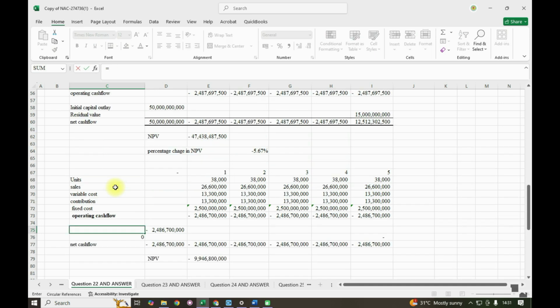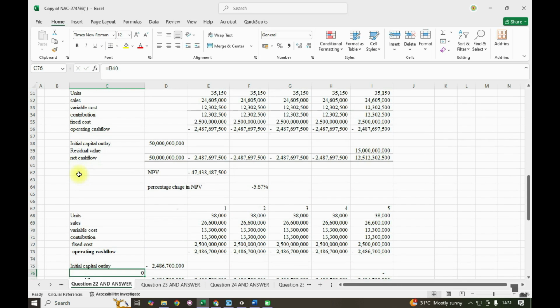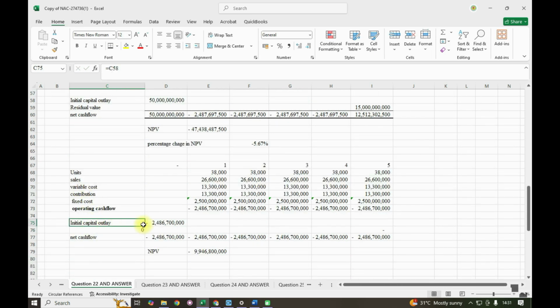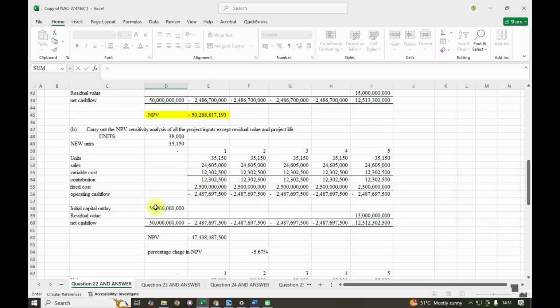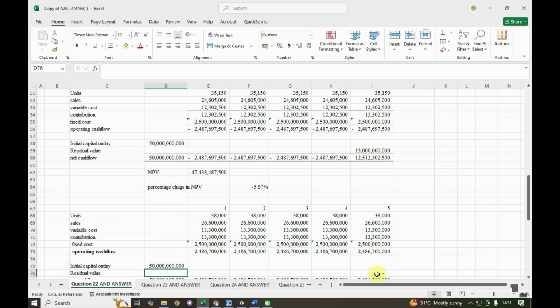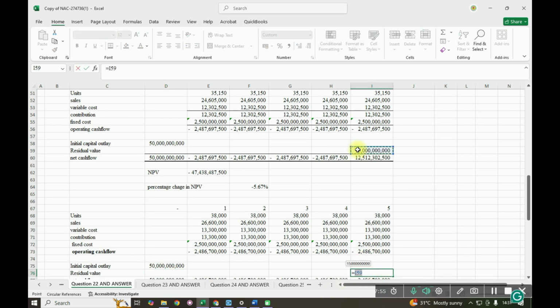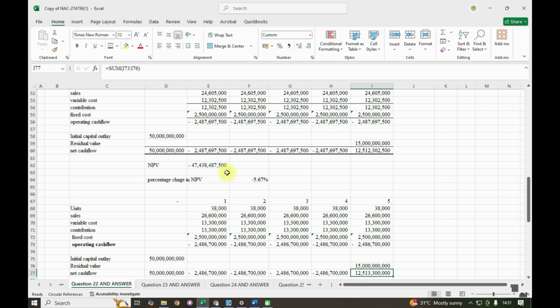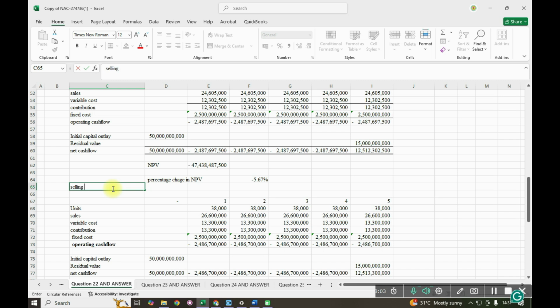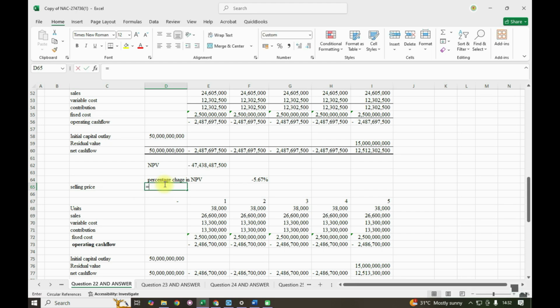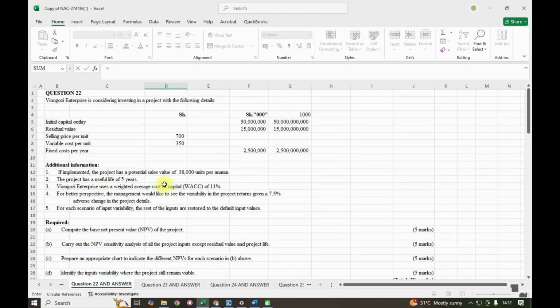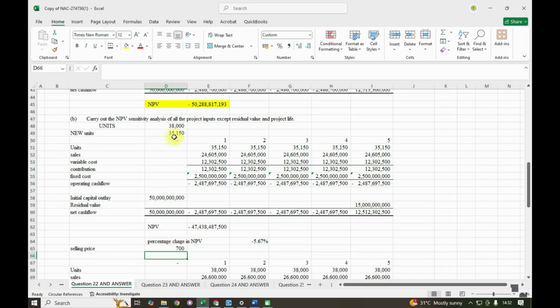That way, this was the initial, and this one, here we are having 50. Here we are having 15, the residue. So whatever will change now here is our selling price. Currently, our selling price was 700.